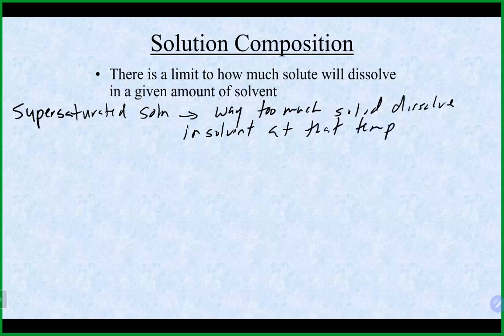So you create a solution that is supersaturated. Basically, you end up with a solution that is still a solution, so still in the liquid state, but you basically have way too much of that solute dissolved in it.